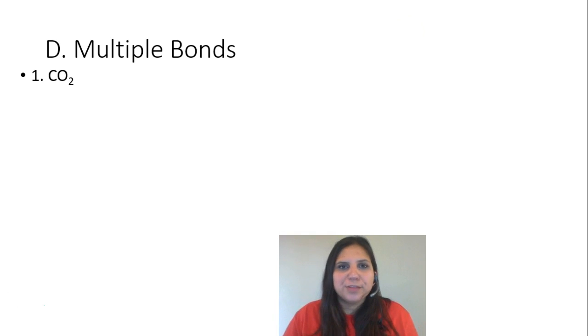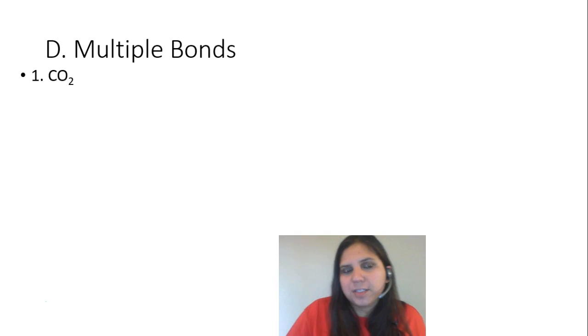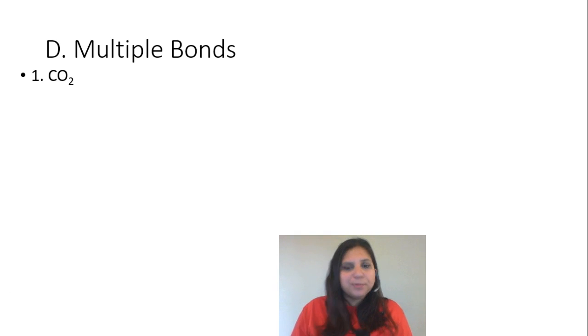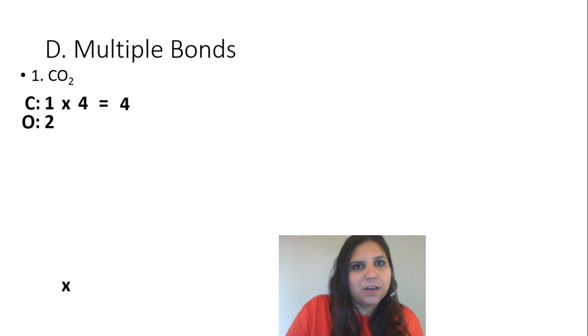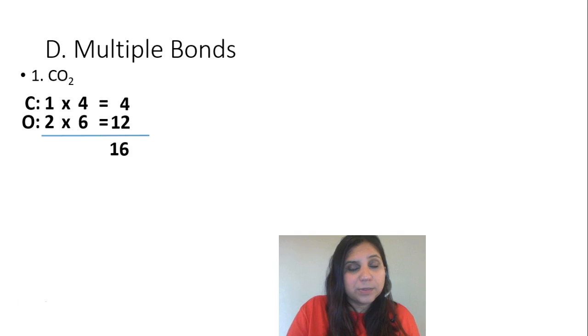Okay, what about those double bonds and triple bonds I was telling you about? Well, here's an example where it's going to involve multiple bonds, CO2. So here we go. Carbon and oxygen, 1 carbon and 2 oxygens. Altogether, that is 16 electrons we're going to use.